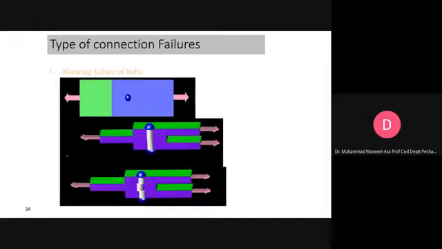In case of a butt joint, there are two shear planes or shear failure planes. You can see that there are three plates, failure can occur here and here. Whenever we have this type of situation, we term it double shear. The bolt is subjected to double shear.